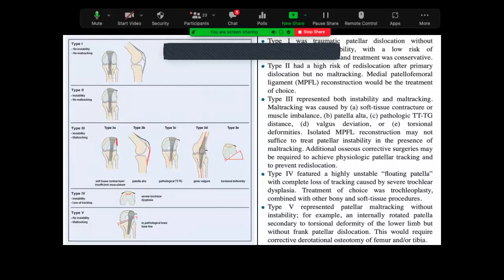Another classification by Forche, probably the latest, which they published in 2017, divides this into 5 types and tries to give guidelines for the treatment of patellofemoral instability.